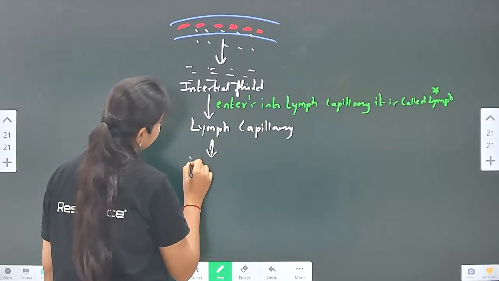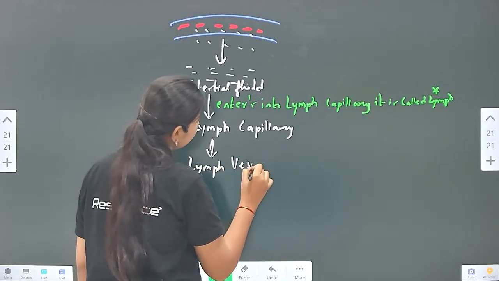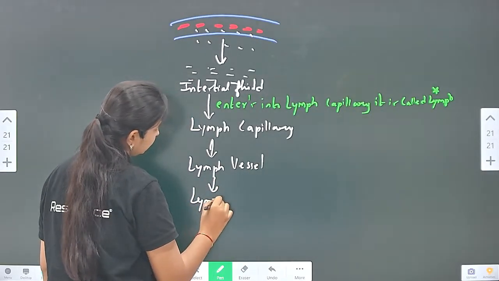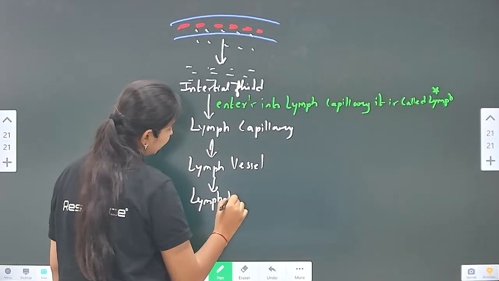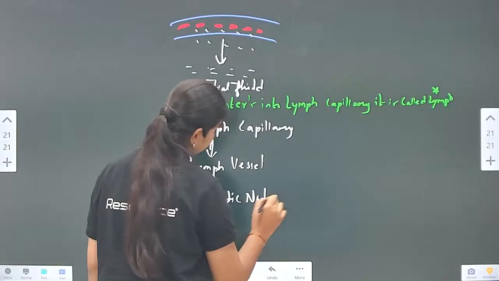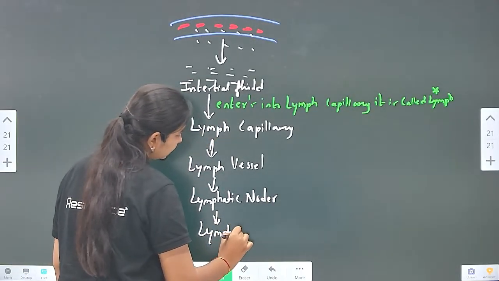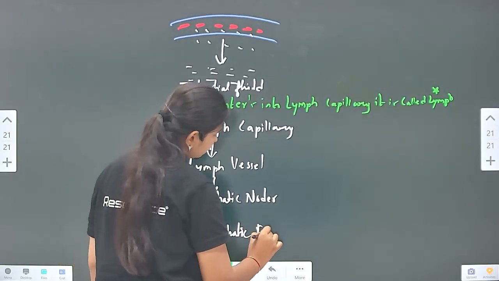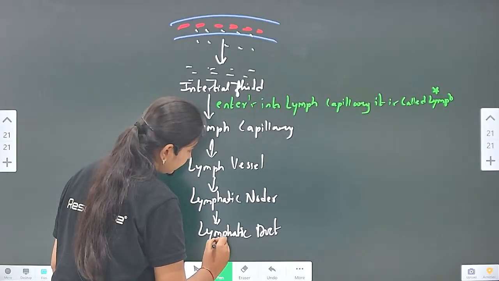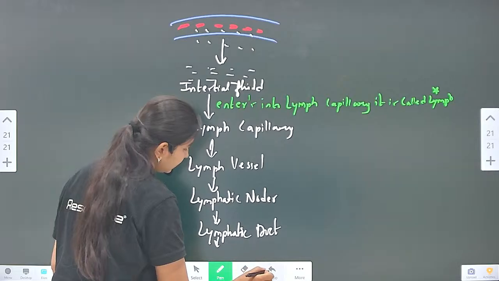Fine. So this interstitial fluid enters into the lymph capillary, next goes into the lymph vessel, next opens into the lymphatic nodes, next the lymphatic duct. This lymphatic duct opens into what? Into the vena cava. I'll write it down here.